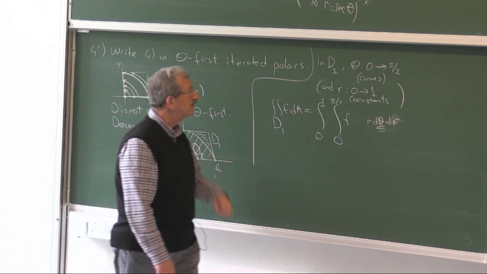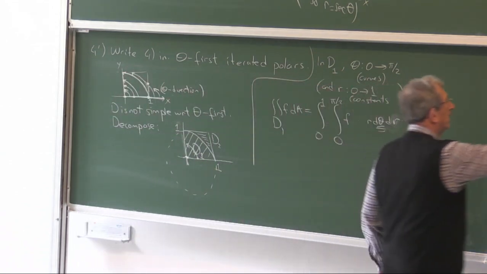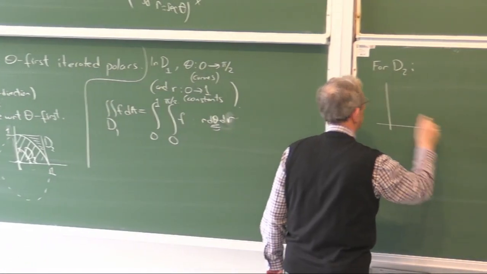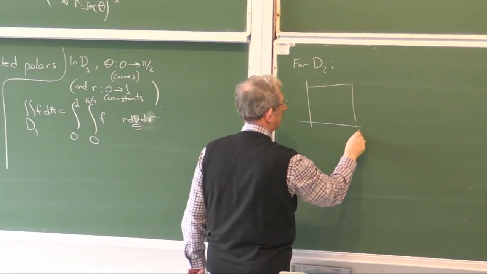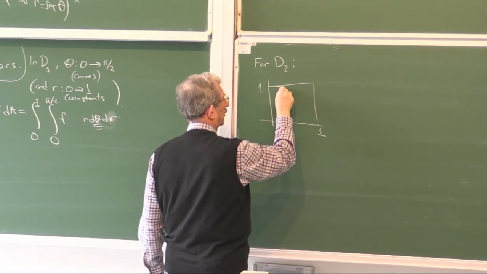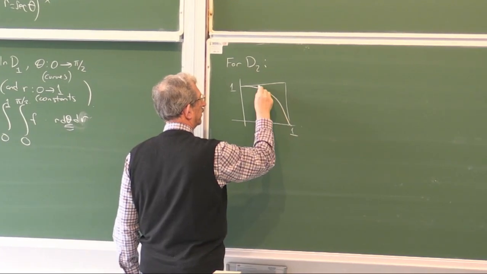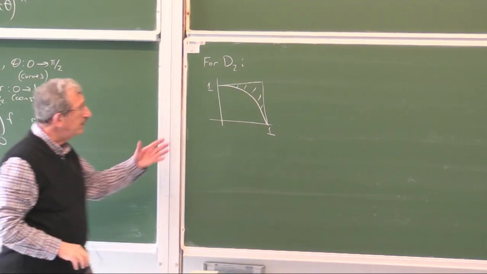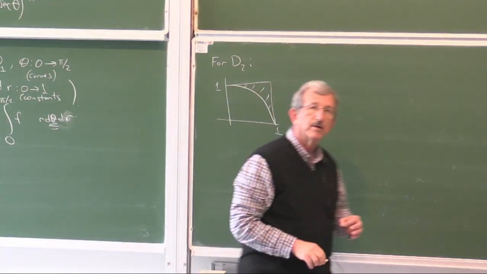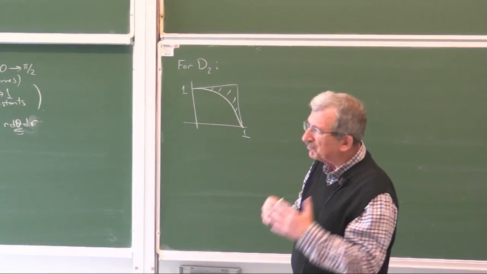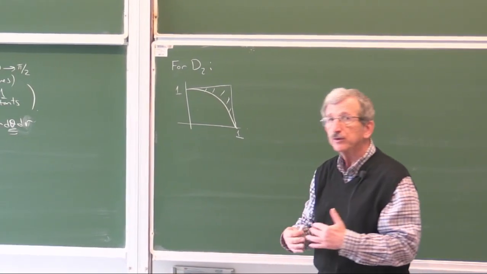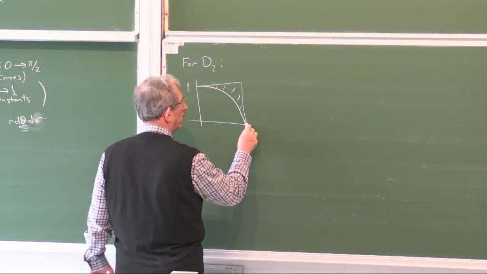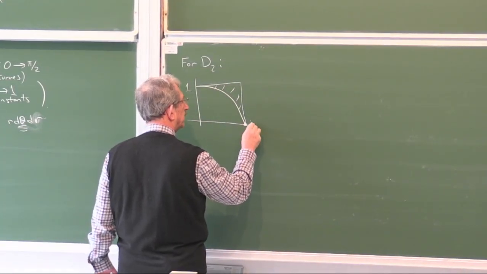Now what happens in D2? Remember, this is D2. Well, in D2, indeed, we do have a simple region with respect to theta first, because when you look in the theta direction, we are outside.